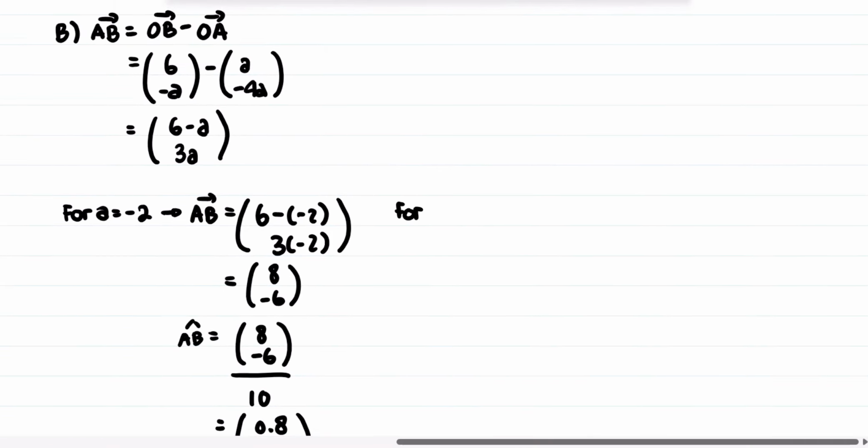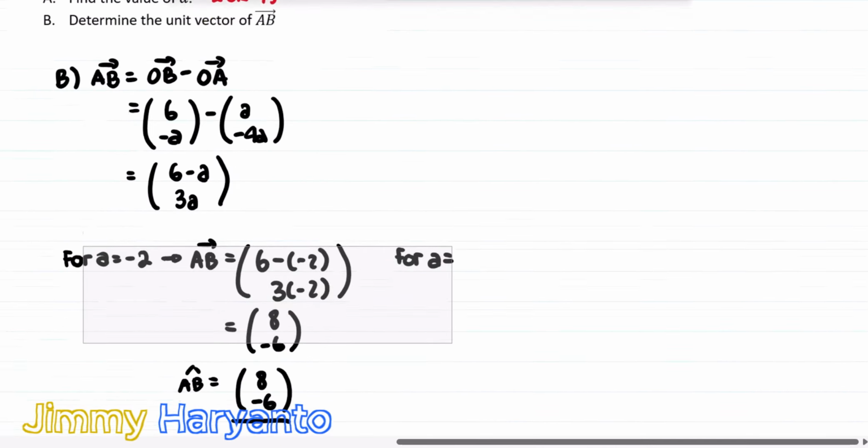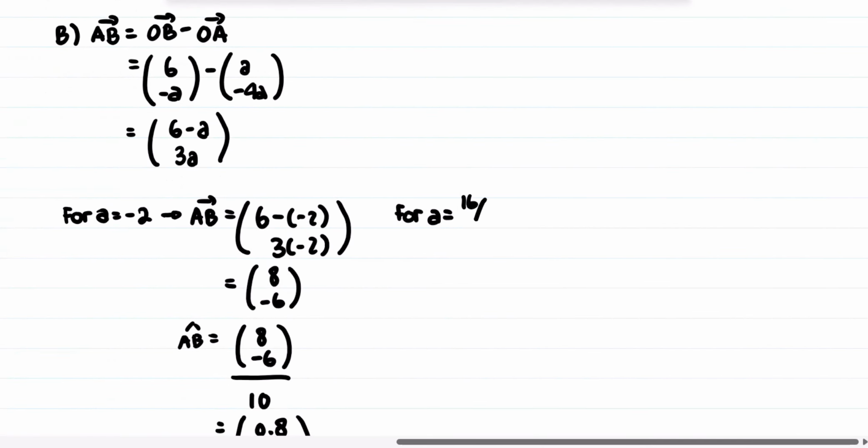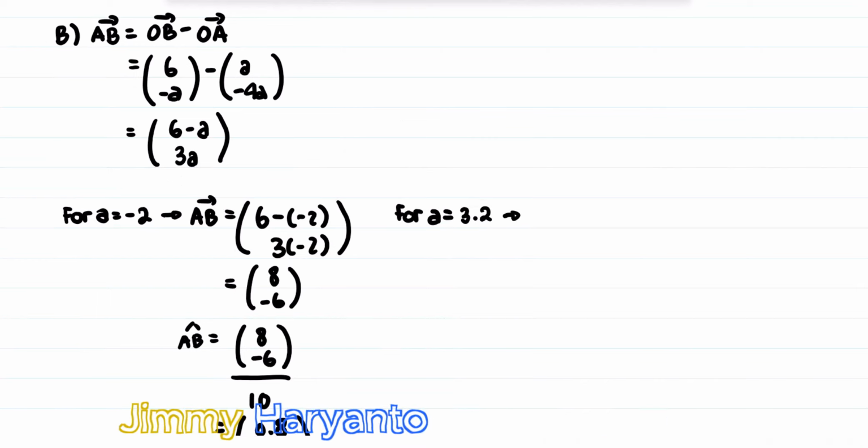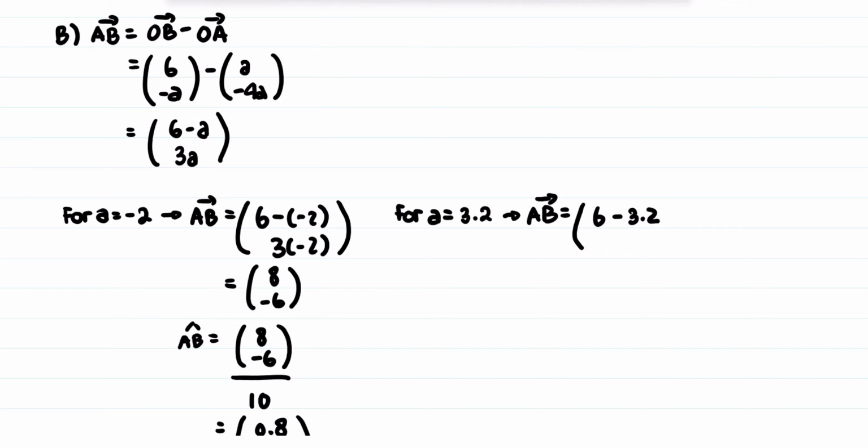Then next, for A equals 16 over 5, maybe we better use decimals for this one. 3.2, that means AB equals 6 minus 3.2, and then 3 times 3.2.